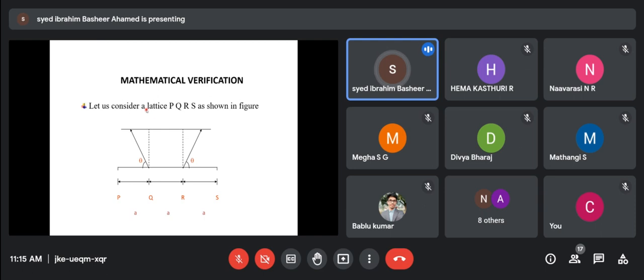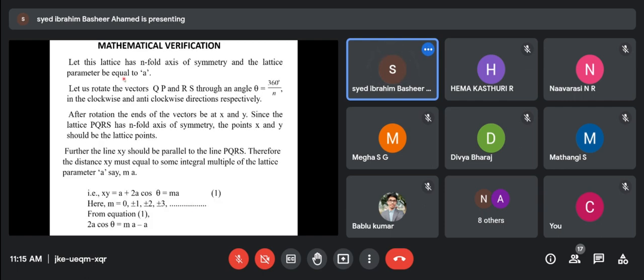So let us consider a lattice PQRS. As shown here, assume you have a lattice PQRS with a lattice parameter a. Let this lattice have an n-fold axis of symmetry.